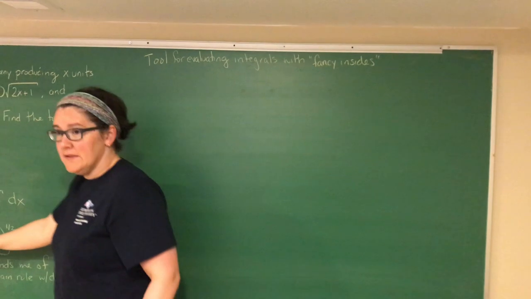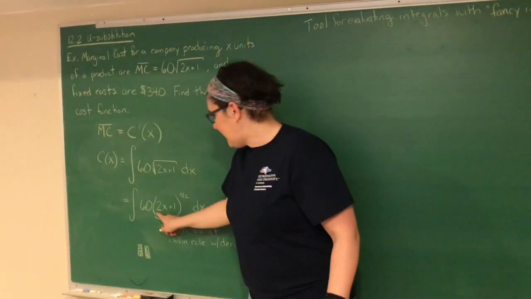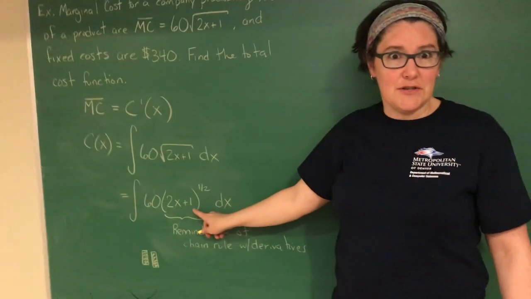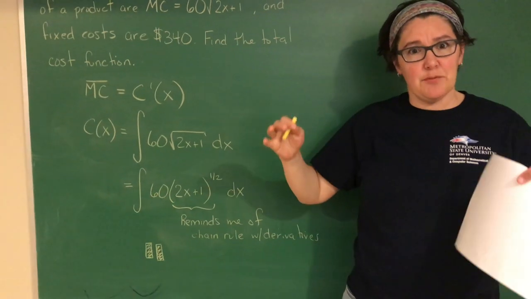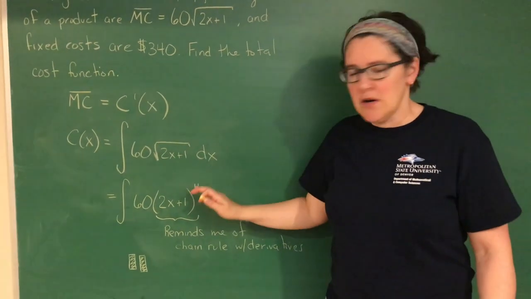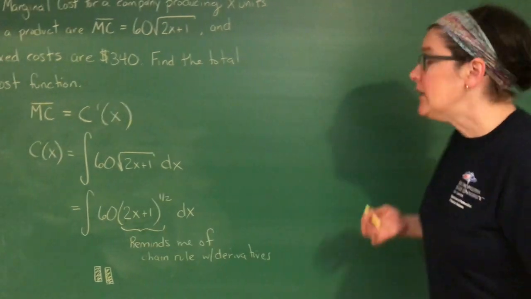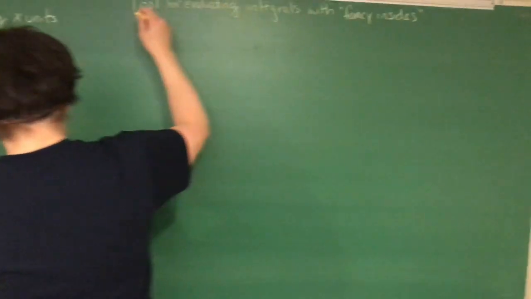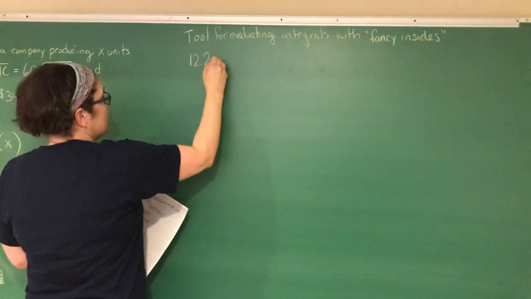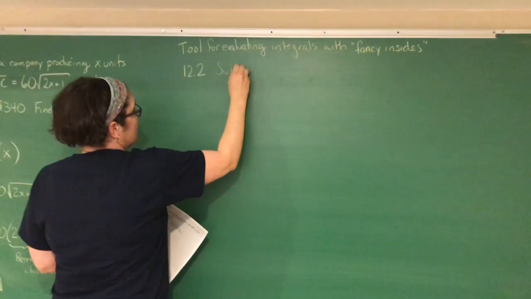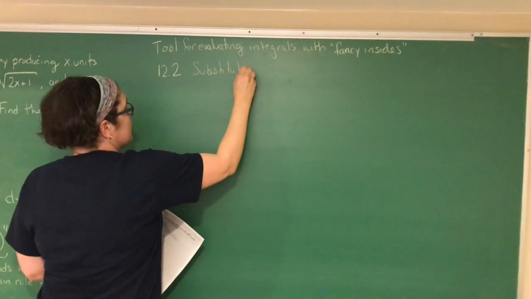So in this integral over here, I have a fancy inside. The fancy part is the 2x plus 1, and that's inside of the parentheses, and the parentheses are raising this 2x plus 1 to the 1/2. Okay, so that's our technique, and that's what section 12.2 is all about. Our textbook calls this the substitution rule.